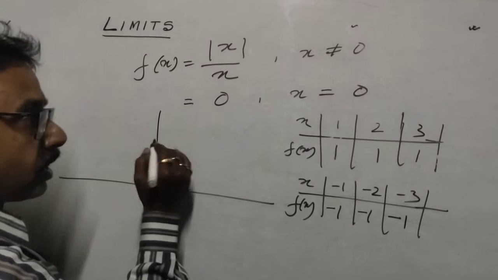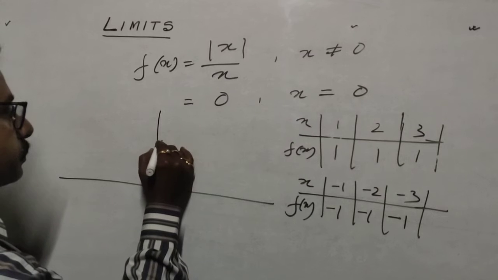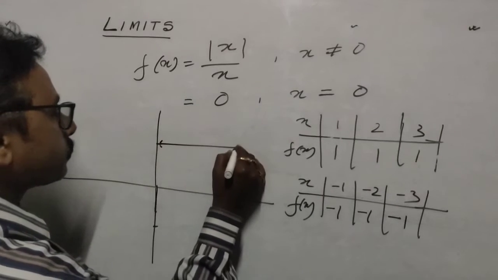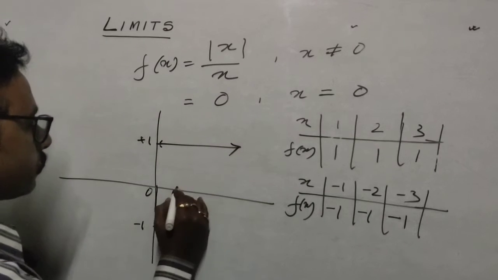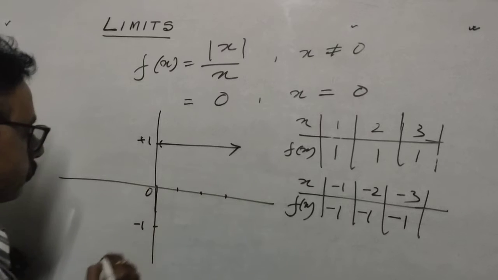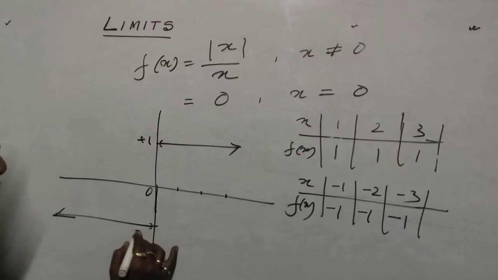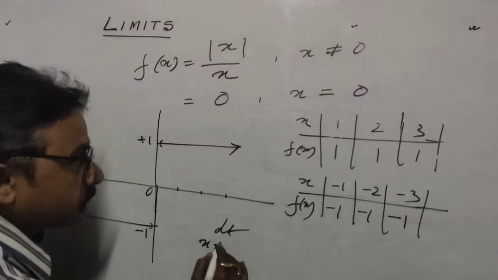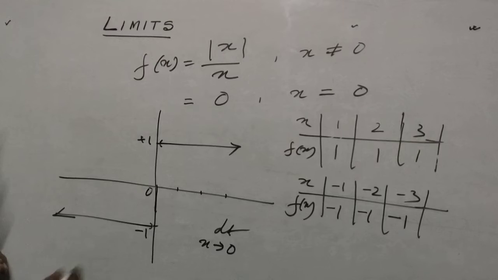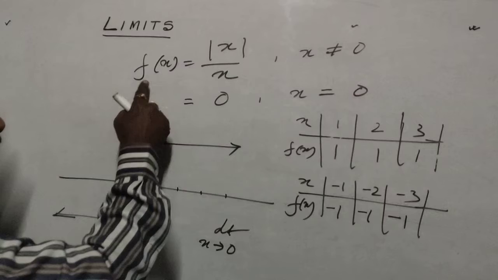So the graph is like this. So what we can write is limit x tends to 0 plus, because I am going to check the limit of the function at x equal to 0.